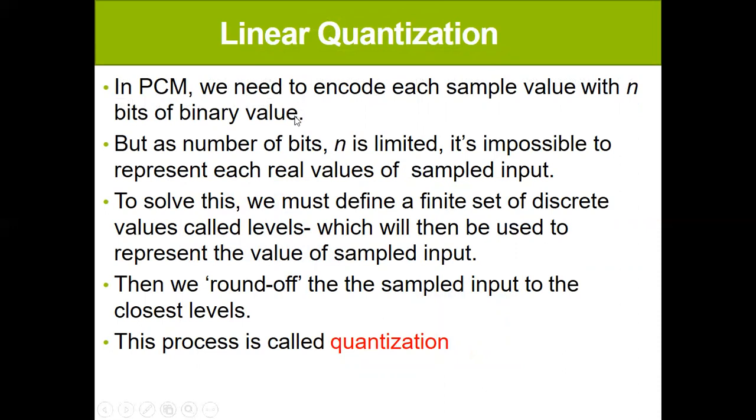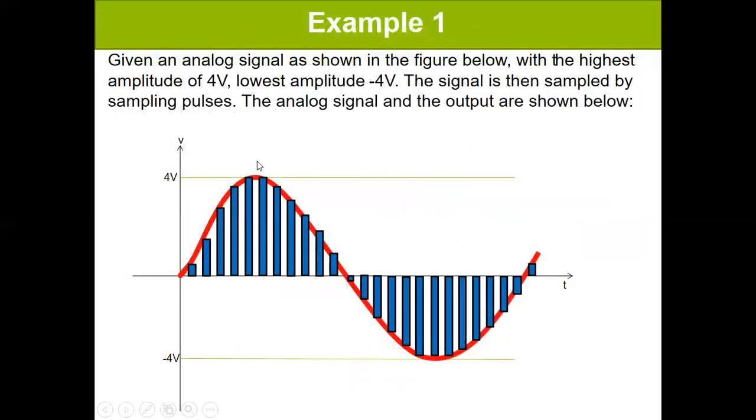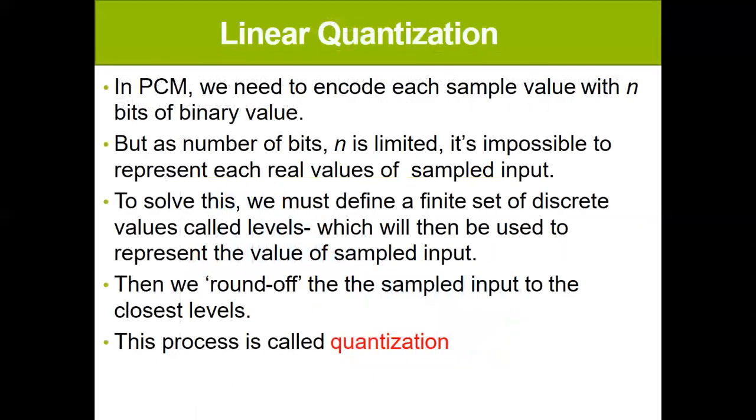Now quantization. So we will use linear quantization because we are focusing on linear PCM. As mentioned before, quantization means all the sampled signal values are in terms of non-integer or fractional value, or in terms of decimal value, which we say is analog. This we have to divide in terms of a few levels, and all the values we have to express in terms of these levels and then in terms of bits.